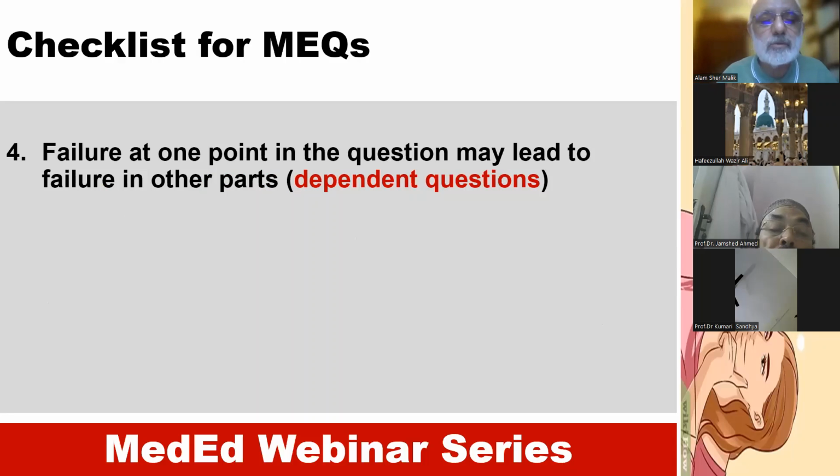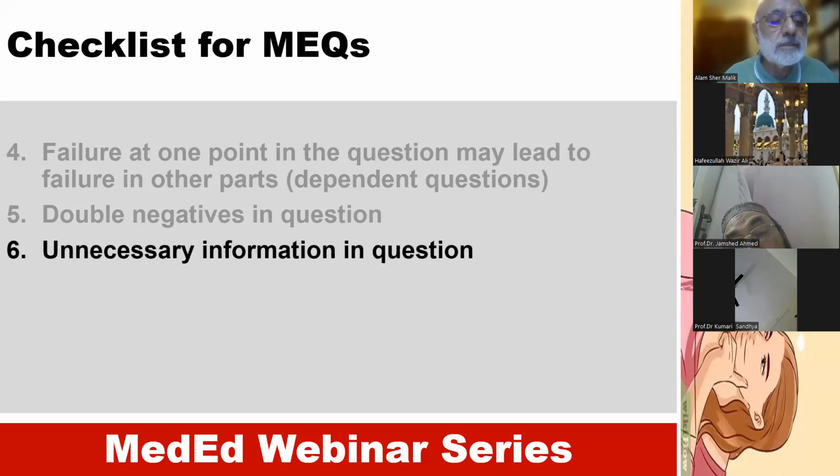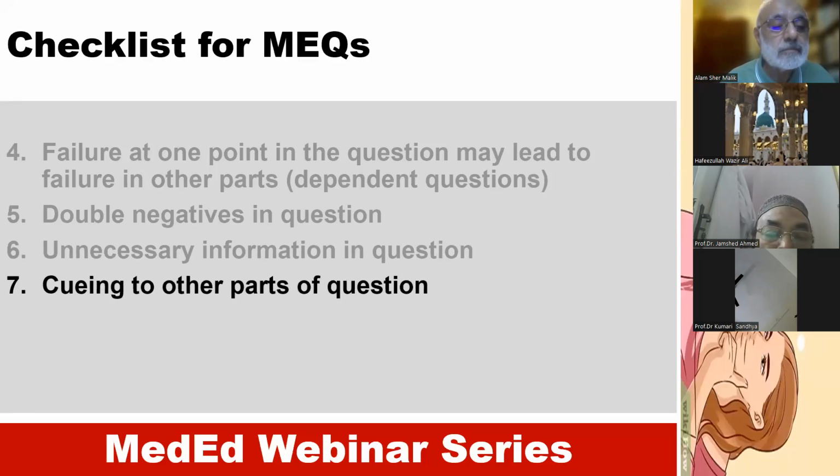It's easy to deal with dependent questions in modified essay question format because we can move those questions from one part to the next when the dependence has been addressed. We should avoid double negatives in the question, and unnecessary information should be avoided because students spend time on reading and understanding the questions, and unnecessary information may distract them.